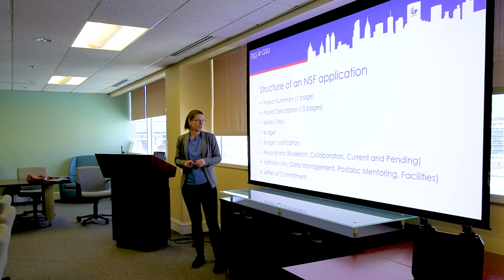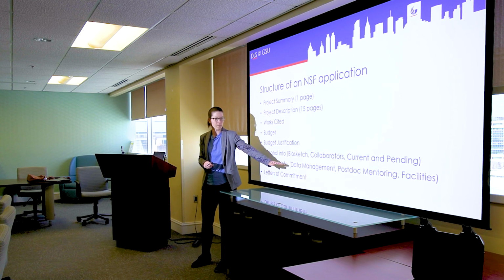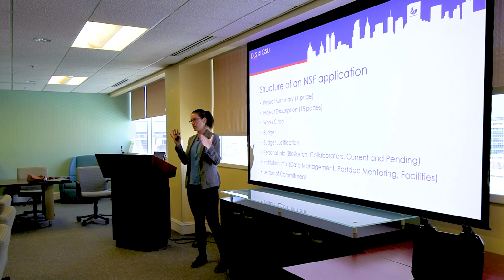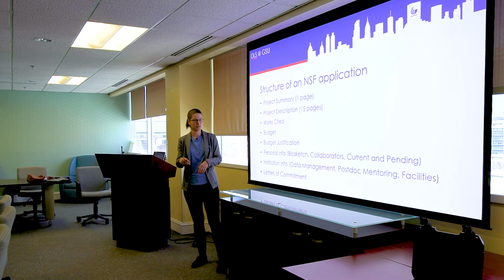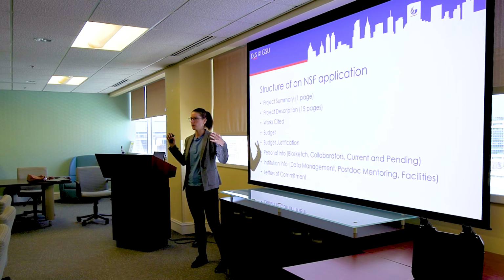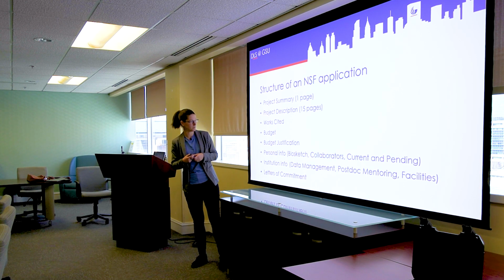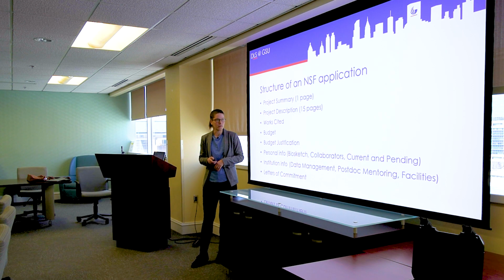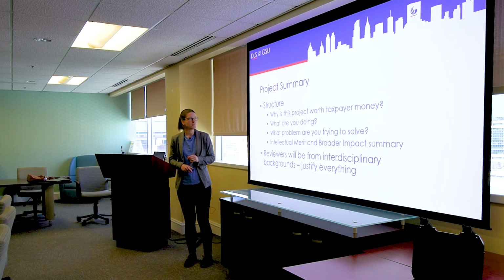And then institutional information, a data management plan. This again is very prescriptive. We'll talk about the pieces for that. A postdoc mentoring plan if you plan to have a postdoc, and then facilities and resources, which is your department, the university, the facilities that you have available to you. And last are letters of commitment.